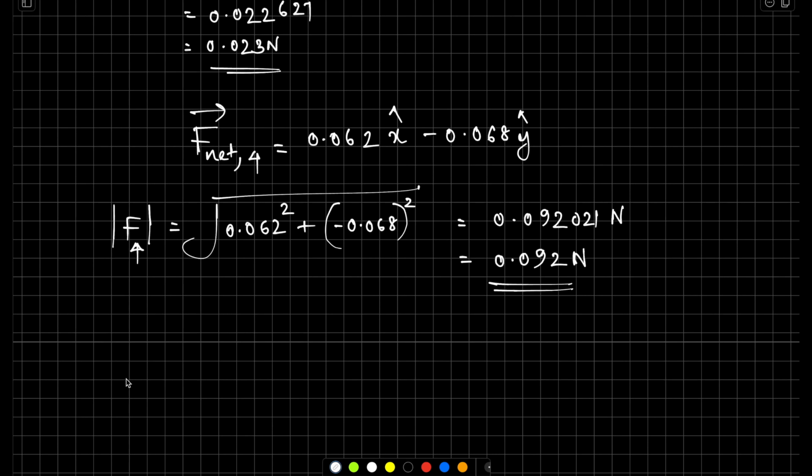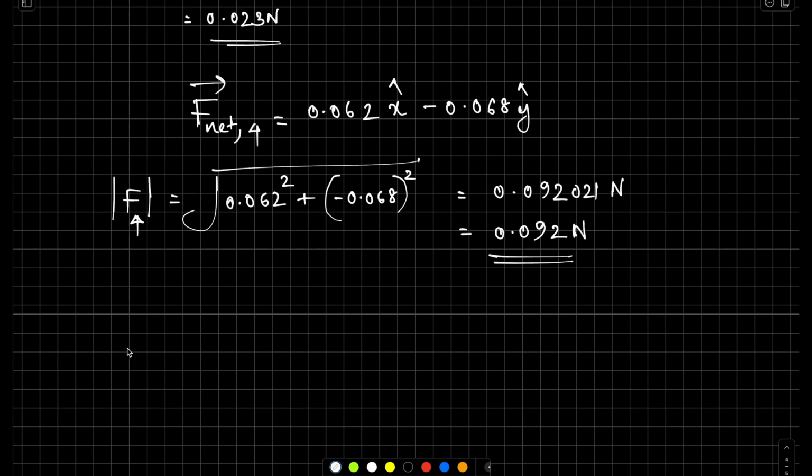Let's find the direction of this force as well. Let's say alpha is the angle. How do you find the direction? Alpha equals tan inverse of the y component over the x component, so F4y over F4x.